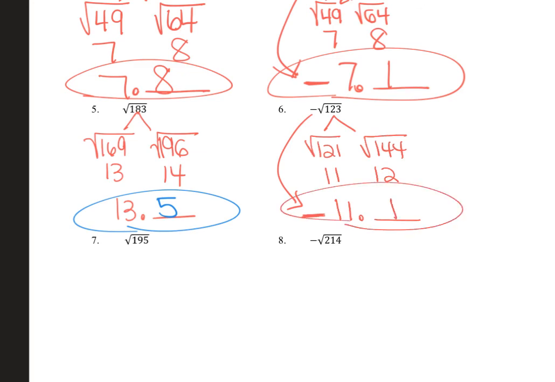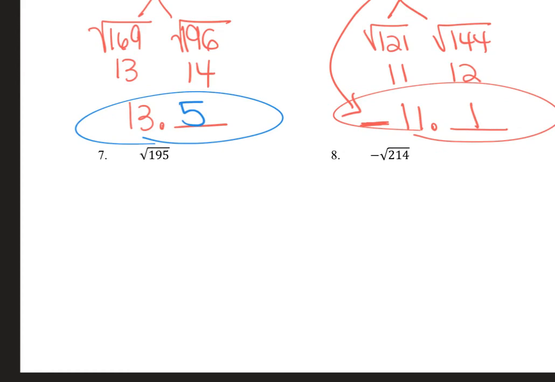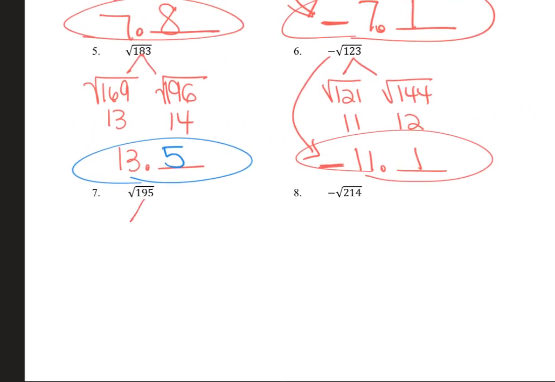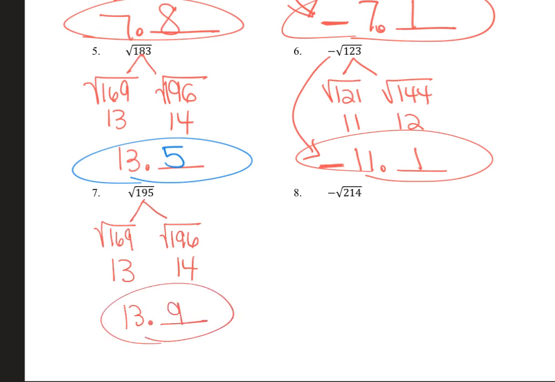All right, 195 is still between 169 and 196. That's going to be between 13 and 14. And 195 is super close to 196, so it's going to be 13 point something, and this is definitely going to be 13.9. As close as we can go without it being 14.